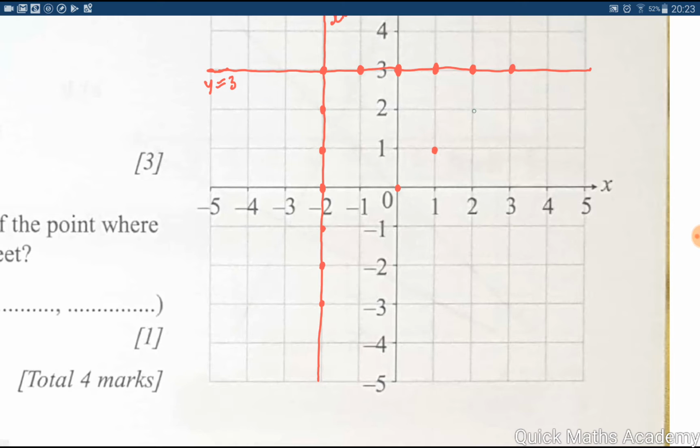If my x is 2, my y is 2. If my x is 3, my y is 3, and so on. The same happens on the other side of the axis. If my x is -1, my y is -1. If my x is -2, my y is -2, and so on. My x is -3, y is -3. So as you can see, this line is diagonal, alright?